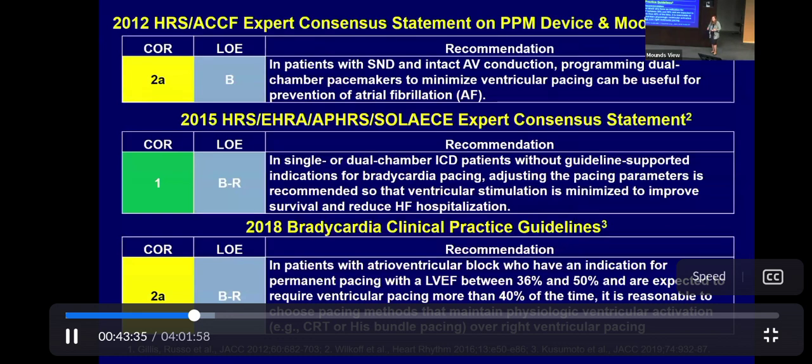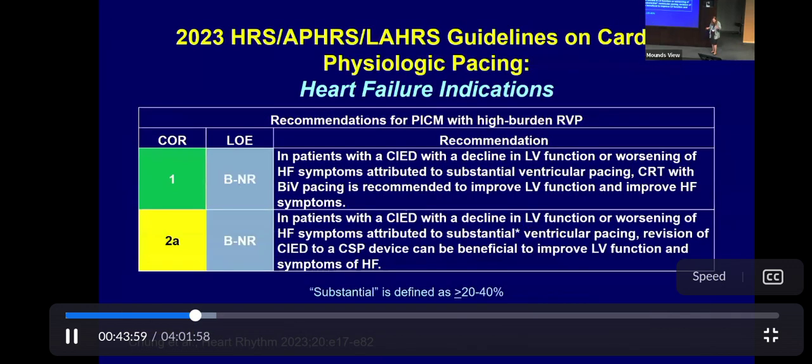Now we have data to support upgrading to a CRT in this case. This just shows you the progression of the guidelines. The initial expert consensus statement said to use these kinds of algorithms, and the next one says that also. Then the 2018 bradycardia pacing guidelines say you can upgrade to either CRT or His bundle pacing. Now the most recent document is the HRS, the first guideline HRS initiated.